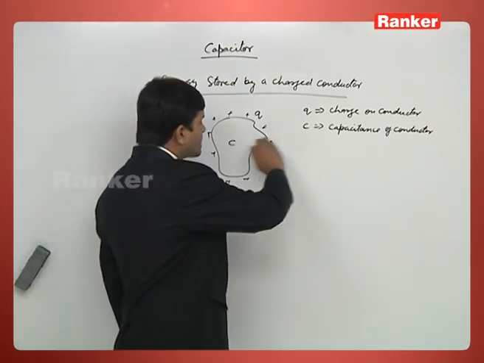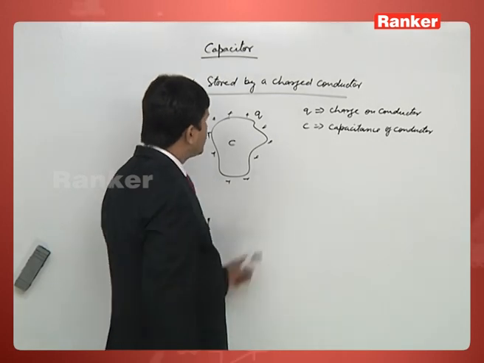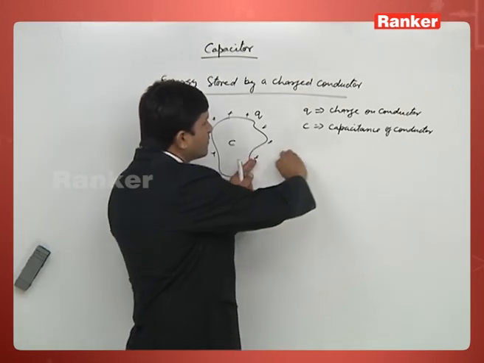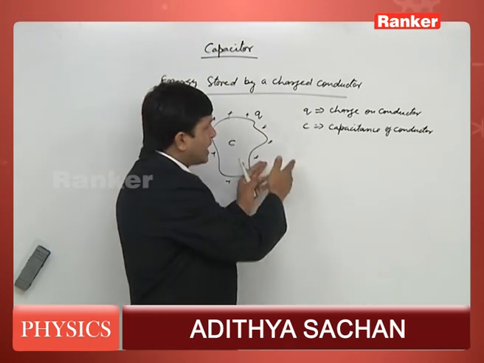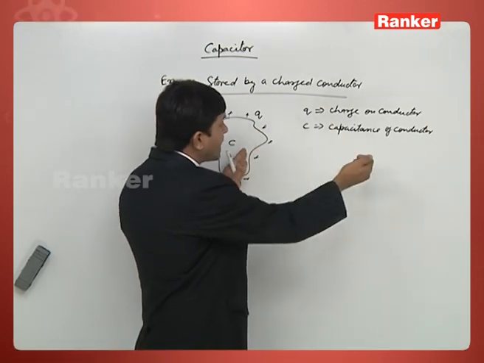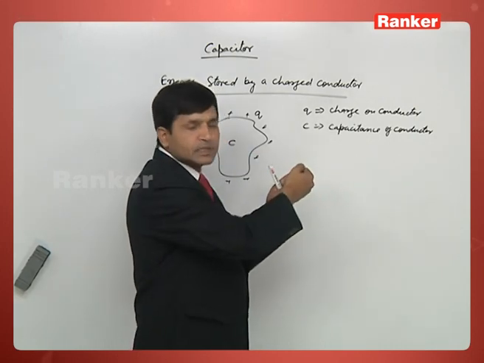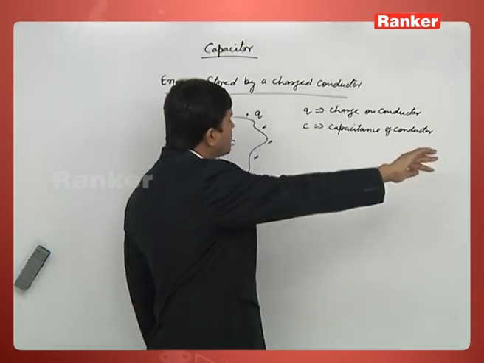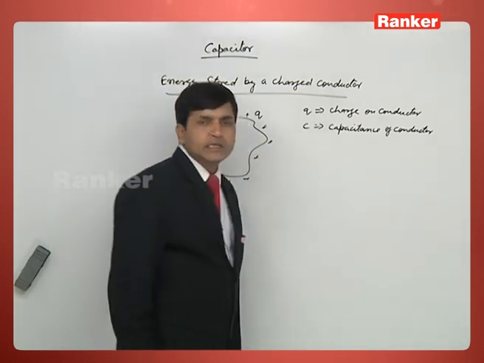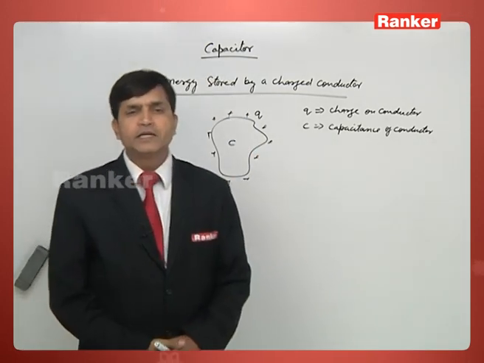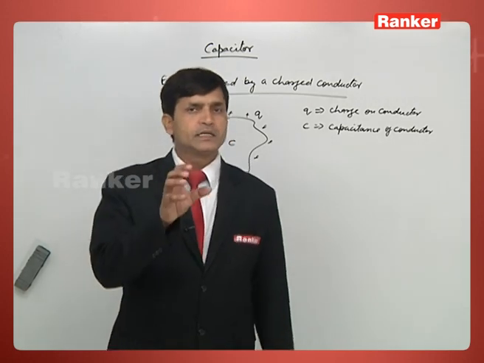When we remove the electrons, the conductor becomes positively charged and that positively charged conductor attracts electrons. So we have to apply some extra force to pull those electrons from the surface to infinity, and whatever work we do is stored.